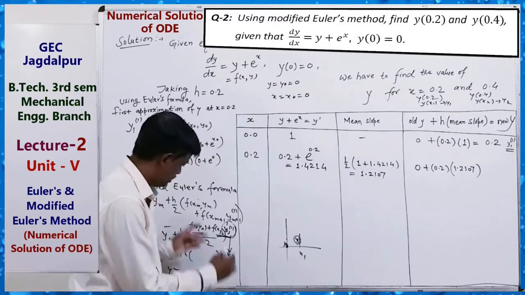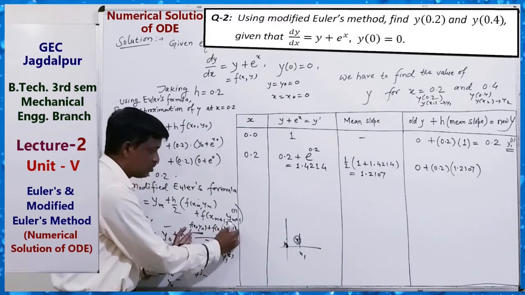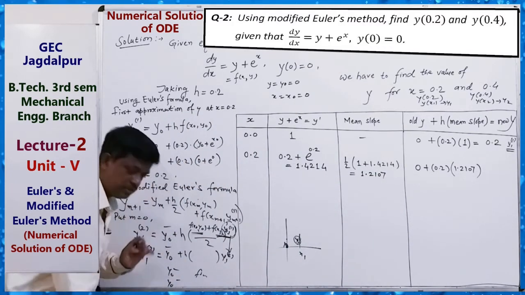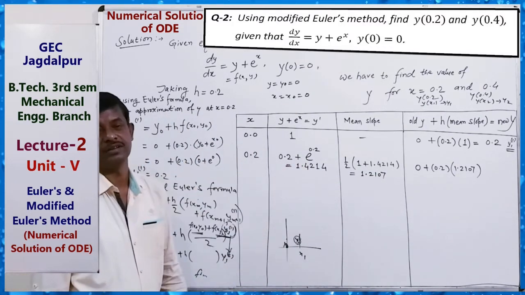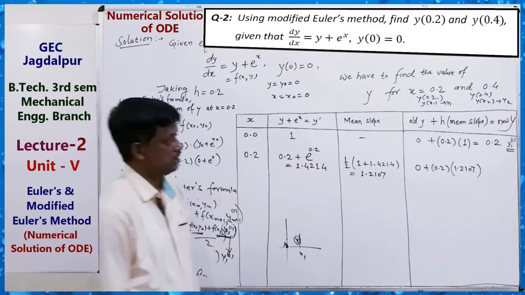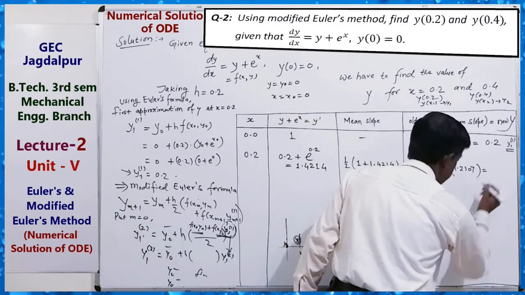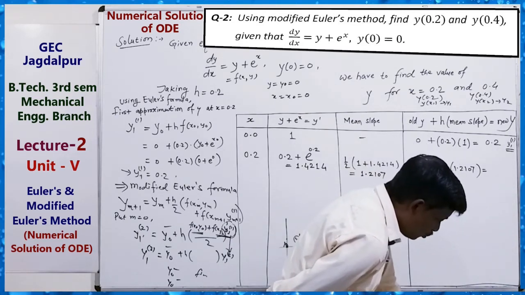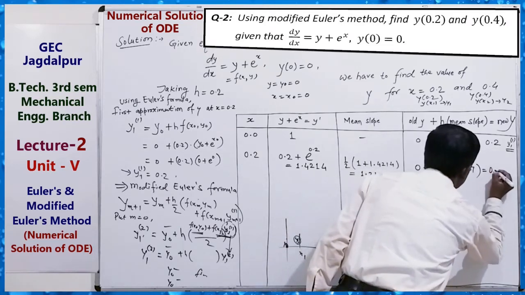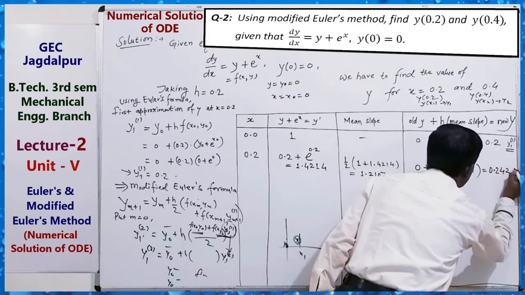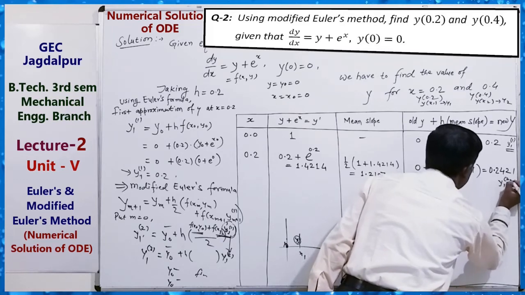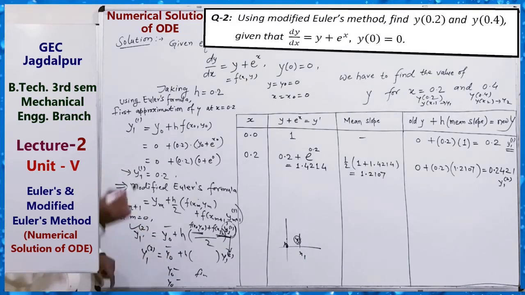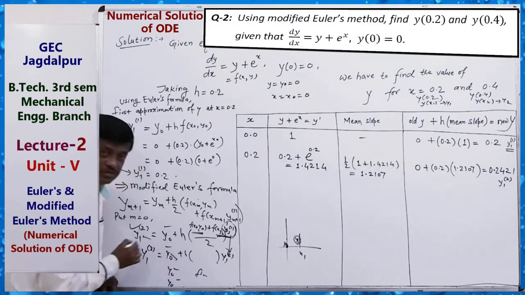That is h times this portion, and this first value y0, y0, y0. So in the table we can calculate this. 1.2107 times 0.2 is 0.2421. This is y1, the second approximation. Now this value is used in the next formula.